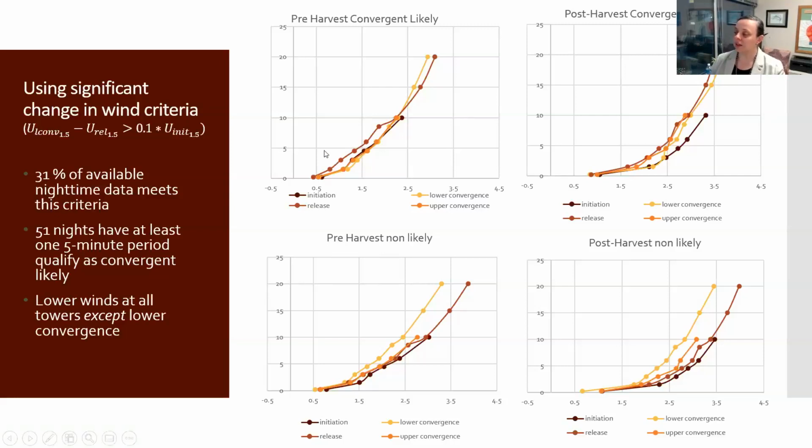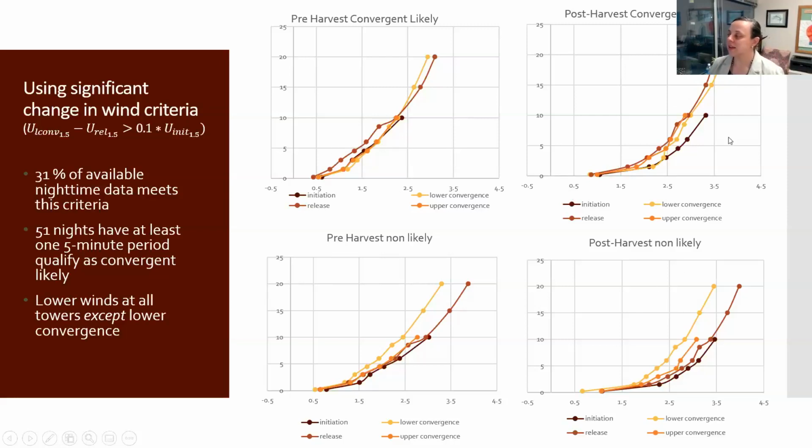In the convergent likely periods, as you would expect, because this condition sort of dictates that you would identify periods of slower wind speeds, there are slower wind speeds than in the non-likely periods.